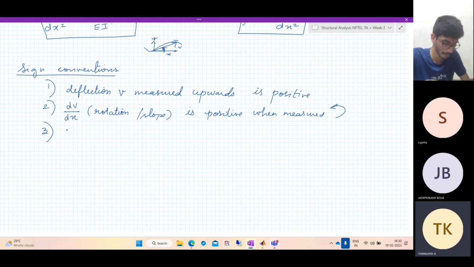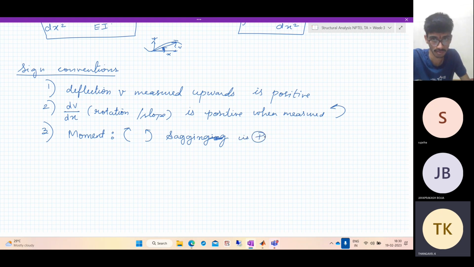The third thing, moments. The way we have denoted it, sagging moment is positive. There is also the other counterpart. If deflection is downwards, it is negative. If you have clockwise rotation, it's negative. And if you have hogging moments, it's negative.